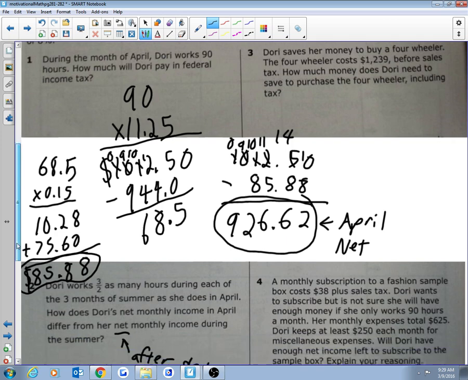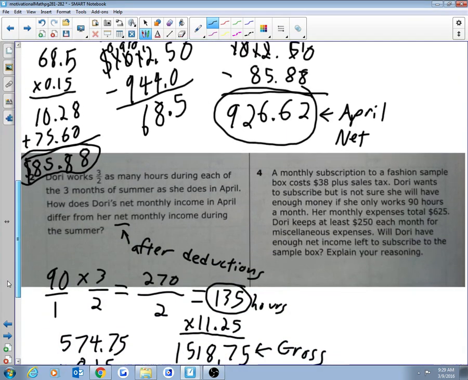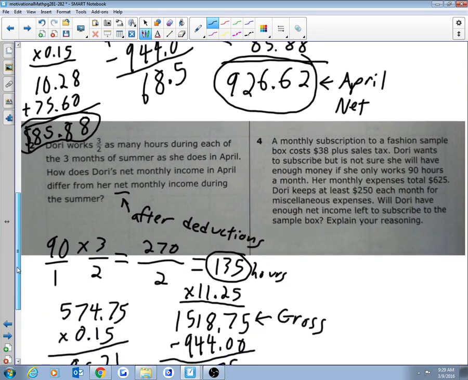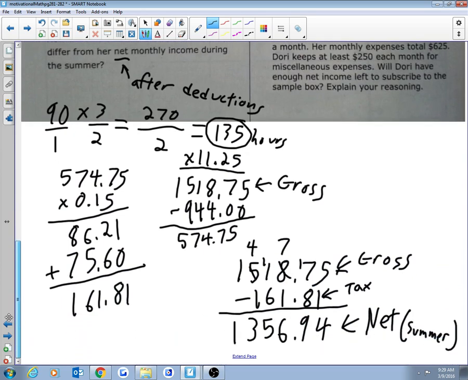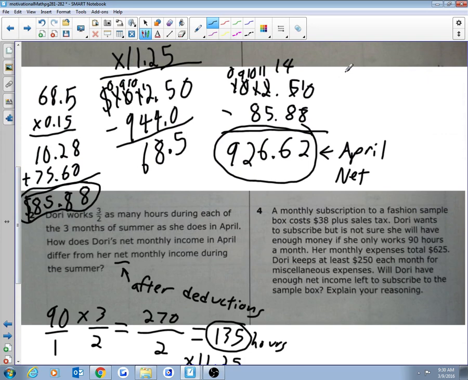So let's subtract the two, find the difference between the two. So we've got 1356.94 minus, we're finding the difference, the 926.62, and we get 0, 5 minus 2 is 3, 13 minus 4.